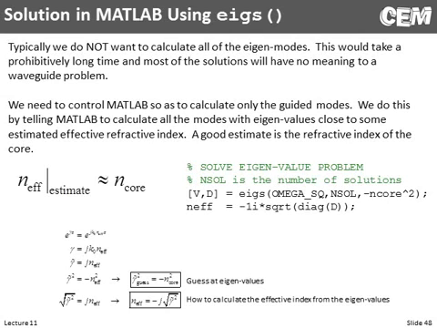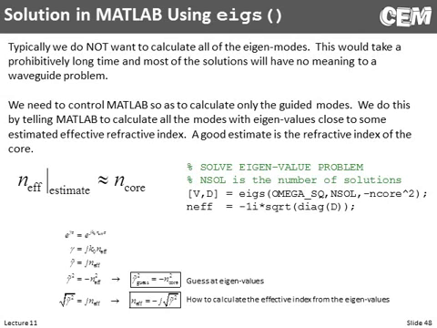So the way this works is we'll have our omega squared as our first input argument, the number of solutions that you want to obtain, and then we can also give it a guess for our eigenvalues. And in fact, it's going to calculate all the modes with an eigenvalue closest to the guess that we gave it. So how do we do that guess?